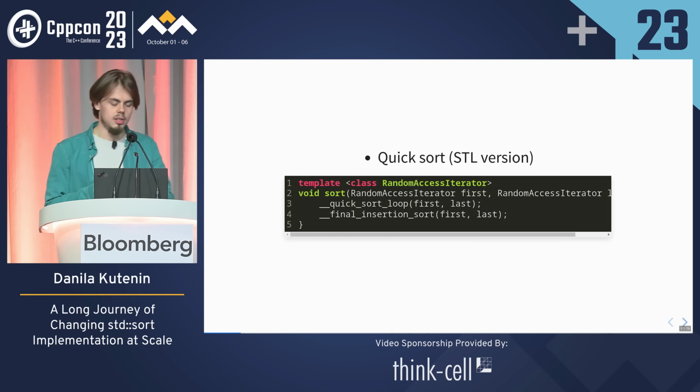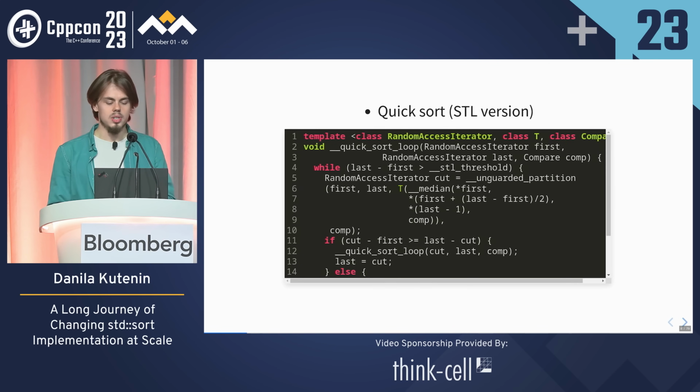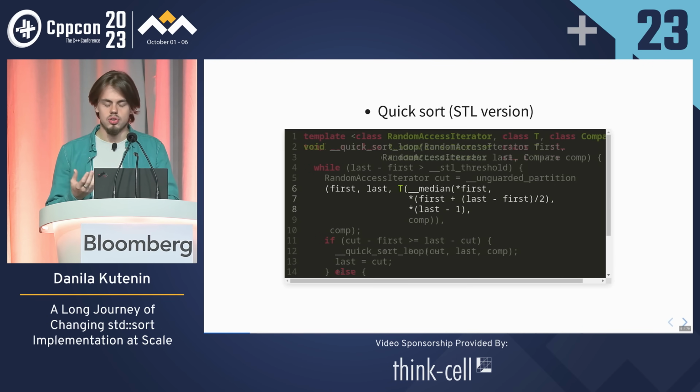And if we're going to look at the first STL version by Stepanov and Lee, we're going to see these 4 or 5 lines. So the third line is the quicksort loop, and then the final insertion sort. So how does the quicksort loop look like? It looks like the strategy for partitioning.